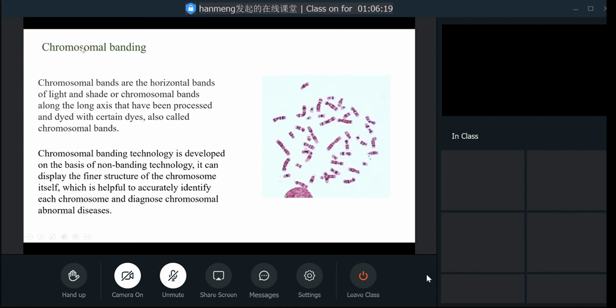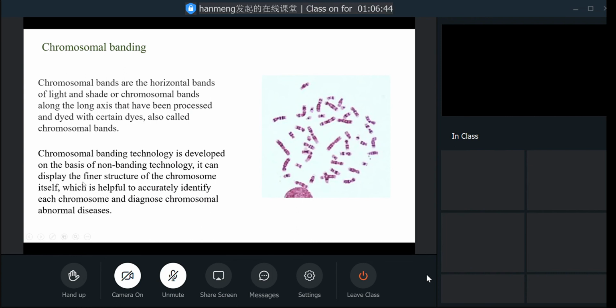So what is chromosome banding? The chromosome bands are the horizontal bands of light and dark along the long axis of chromosomes that have been processed and dyed with certain dyes. Chromosome banding technology is developed on the basis of non-banding technologies.